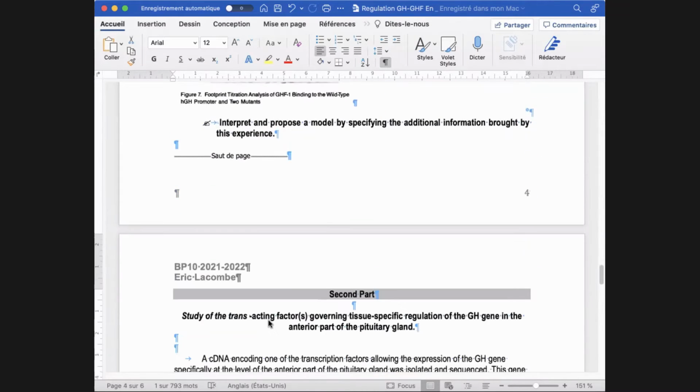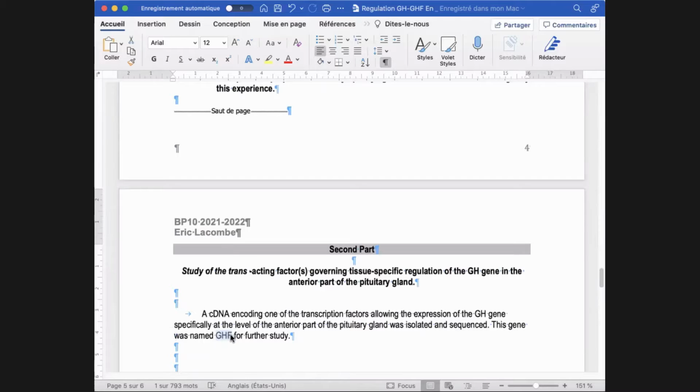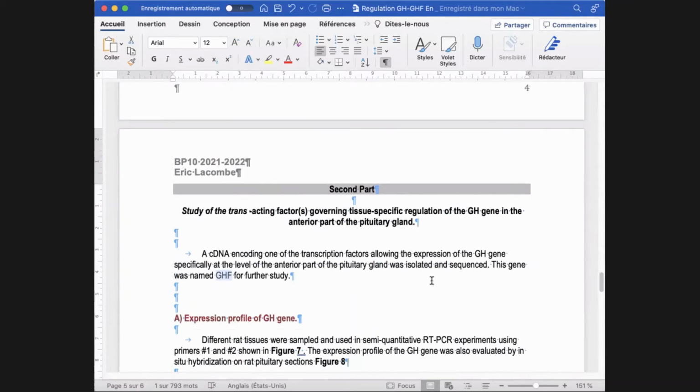This GHF is the transcription factor that is able to recognize specifically the promoter region that we identified in the first part of the exercise, and we're going to study the expression of this transcription factor. So we will make the link between the transcriptional regulation of the GH gene, the growth hormone gene, and the regulation of its transcription factor.